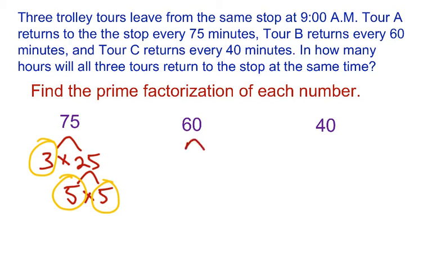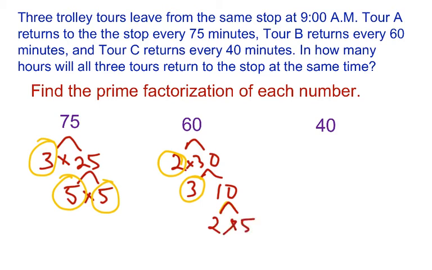For my prime factorization, I'm first going to notice that 2 times 30 is 60, and 3 times 10 is 30, and 2 times 5 is 10. And those are both prime. So now I have my prime factorization of 60.